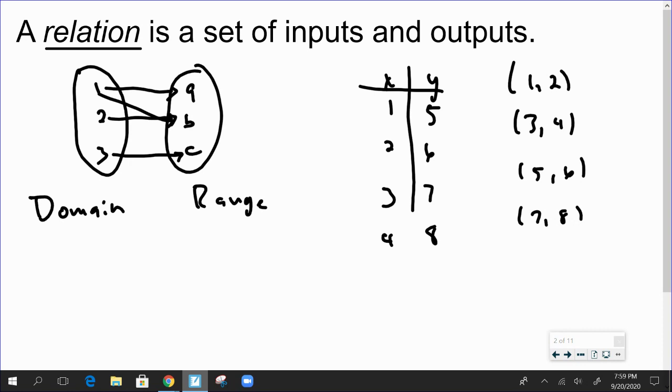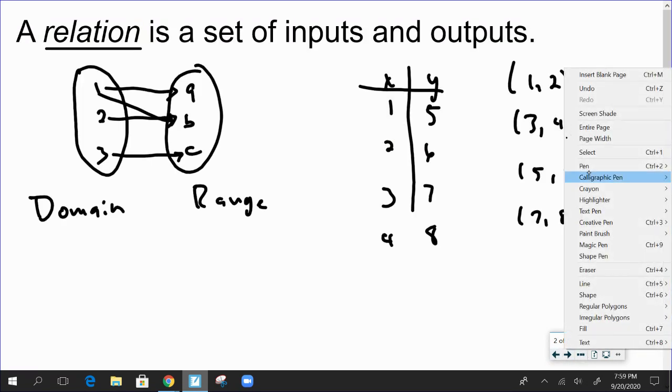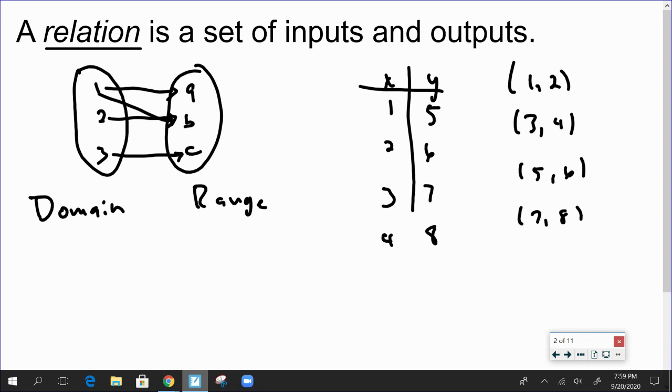Now, this particular one, what I have right here is actually different types of relations. All right, they're all three relations. The very first one that I did is definitely just a relation. There is something special about that that makes it just a relation.